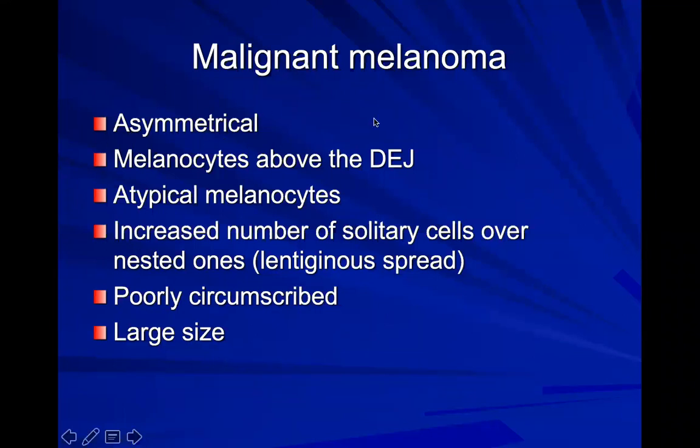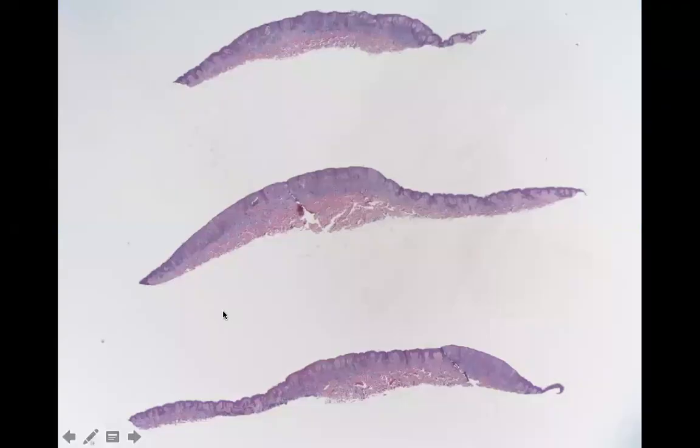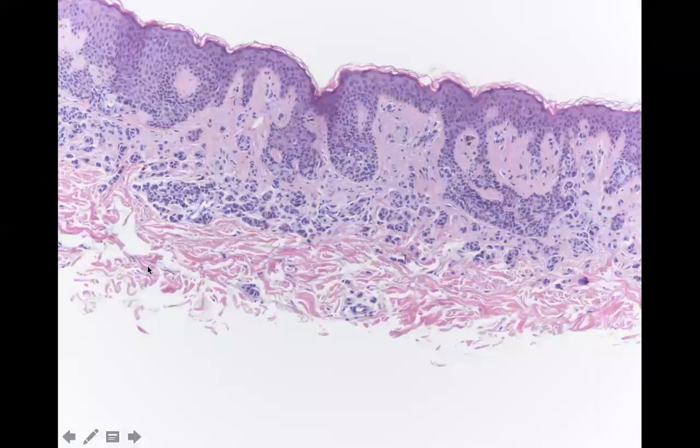It's asymmetrical, melanocytes above the DEJ, atypical melanocytes, increased solitary melanocytes over nested ones, meaning this lentiginous spread, poor circumscription, large size. So this is a silhouette of a lesion far away. This is quite large. This one's over a centimeter, likely.